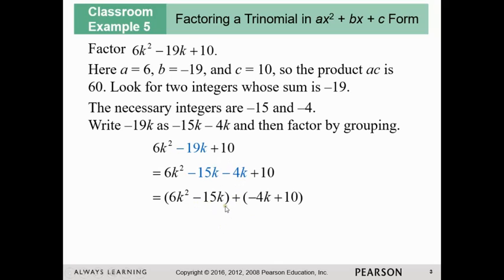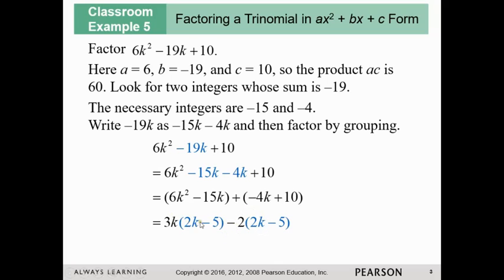Now what we're going to do is take out the greatest common factor out of each group, and in the first group, that is 3k, and in the second group, it's -2. Notice what we have created here. We have created the common factor of 2k minus 5 within both of these terms, right?